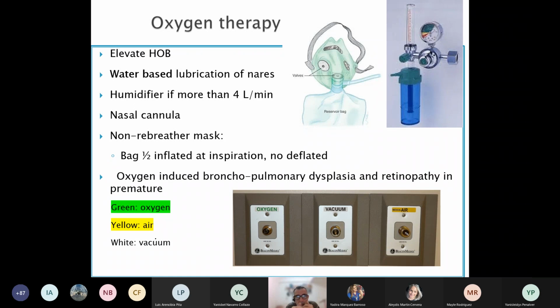So we commented that Trendelenburg is a no-no. A flat position is no good. Elevation of the head of the bed, at least a semi-Fowler, is good. If there is severe distress, the right elevation should be high Fowler, almost sitting in tripod position with the hands supported by the floor or the mattress.